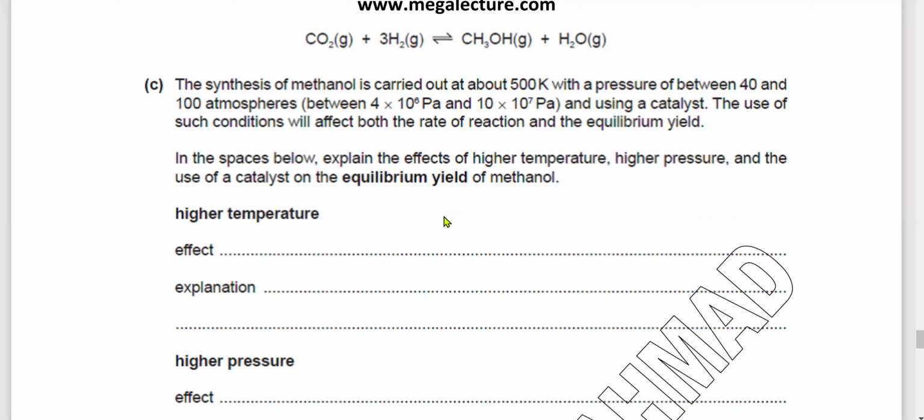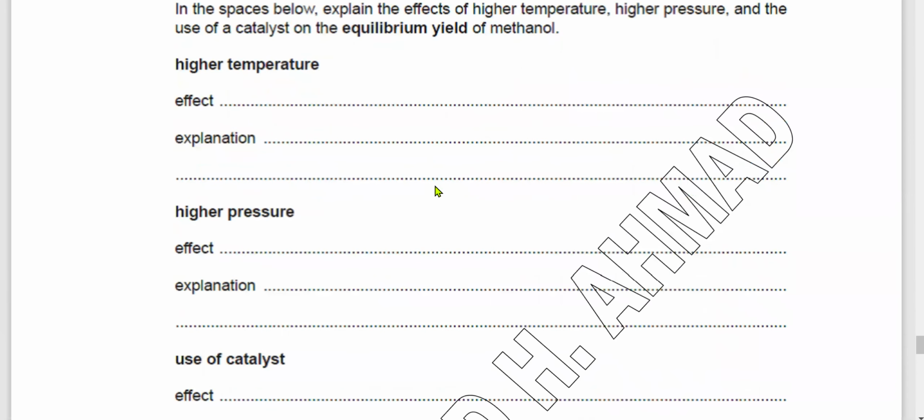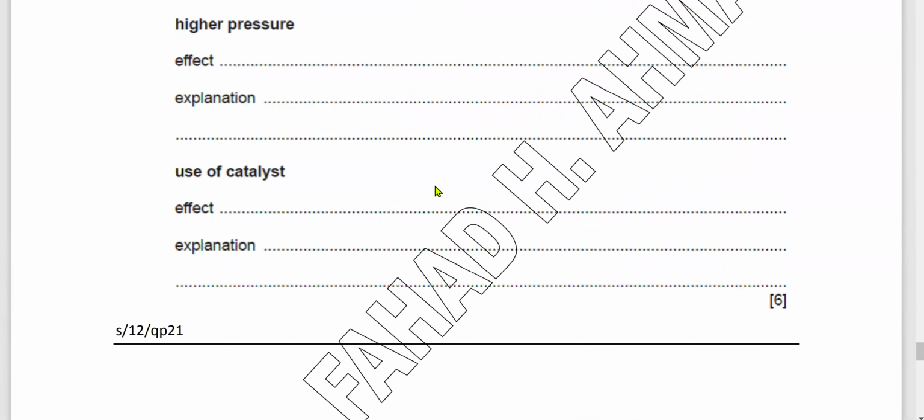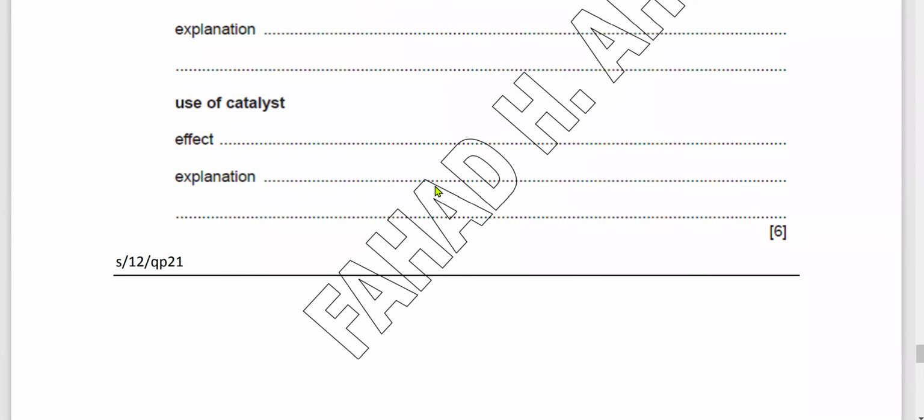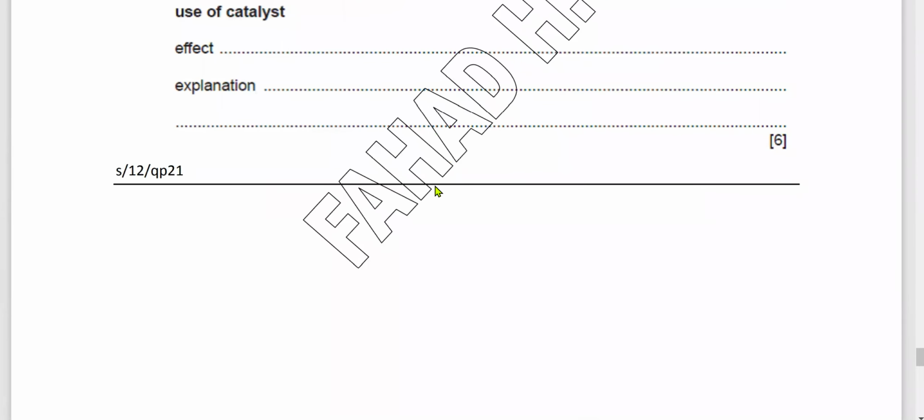It's not talking about the rate, only the equilibrium yield. You're going to say that it will favor the side with fewer gas moles, because it prefers having less gas. And what would a catalyst do? It will not affect the yield at all, because it increases the rate of reaction both ways. So overall there's no net change in the yield, just in the rate.